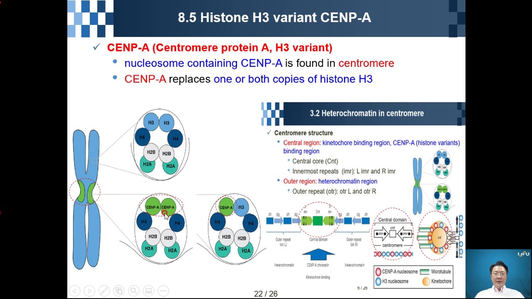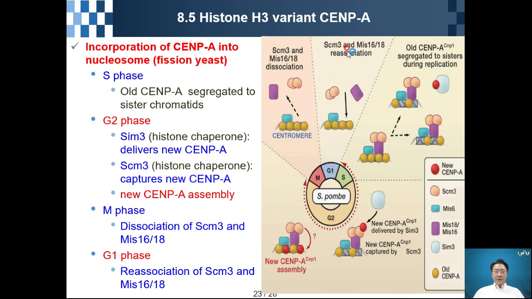In this slide, I will explain the incorporation of CENP-A into the nucleosome, especially in fission yeast. Let me start from the S phase. During the S phase, DNA is replicated.